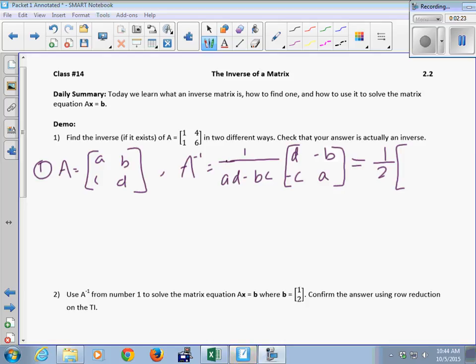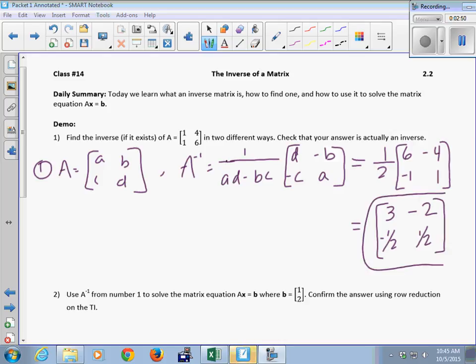So my 1 and my 6 switch, so it becomes 6 and 1. And my 4 and my 1 stay in their location, but they change sign. And then to multiply a matrix by a scalar, you just multiply every entry by that scalar. So I'm going to get 1/2 times 6, which is 3, 1/2 times -4 is -2, -1/2, 1/2. So there's my A inverse. So this is a formula for finding the inverse. It only works for a 2 by 2.